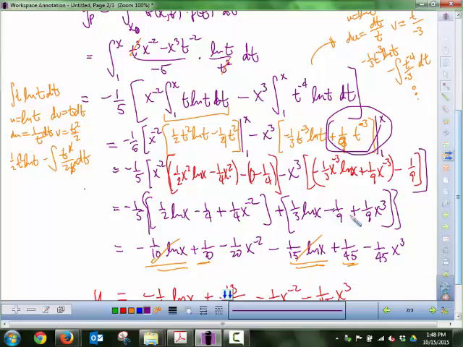Distributed becomes a minus. Oh boy, I don't know.